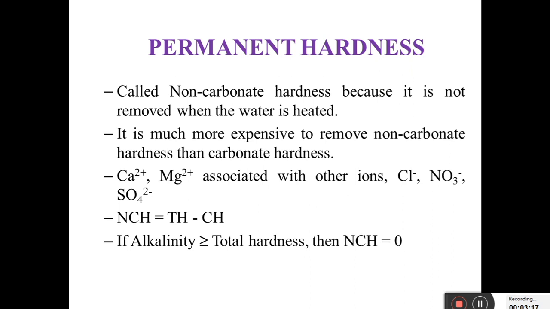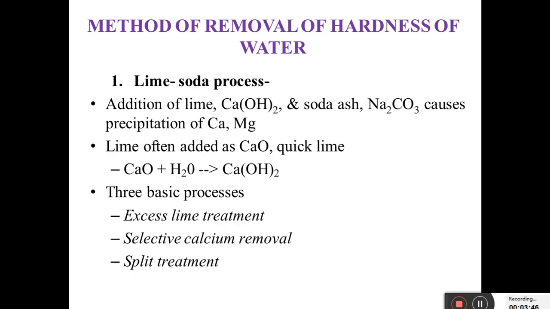It is much more expensive to remove non-carbonate hardness than carbonate hardness, because calcium and magnesium are associated with other ions like chloride, nitrate, sulfate. Non-carbonate hardness is equal to total hardness minus carbonate hardness. If the alkalinity is greater than or equal to total hardness, then the non-carbonate hardness is 0.